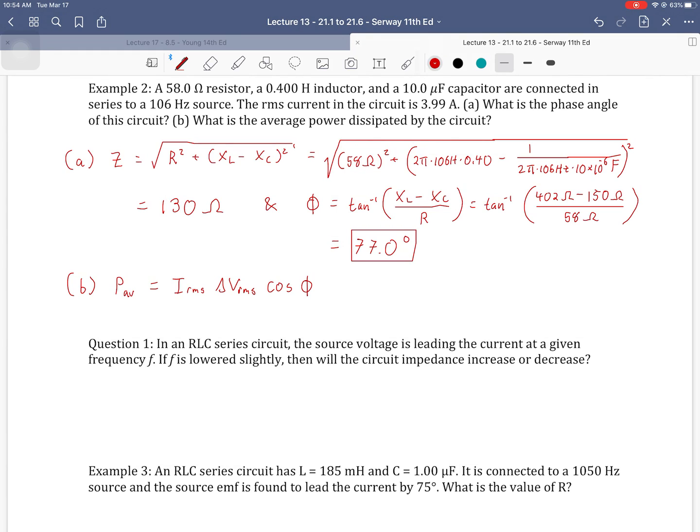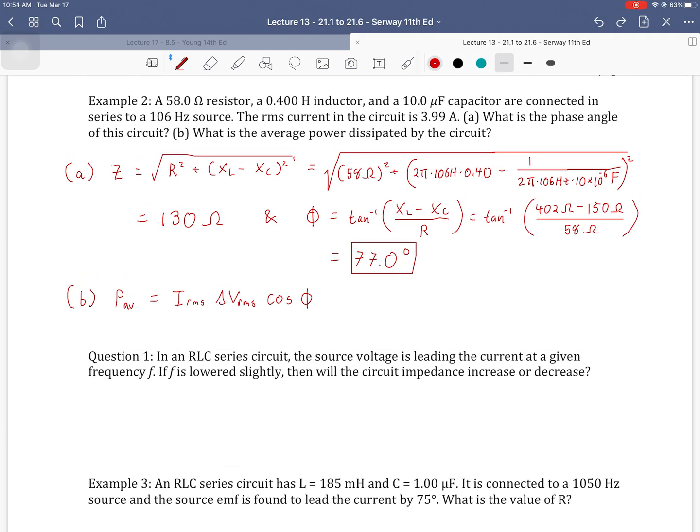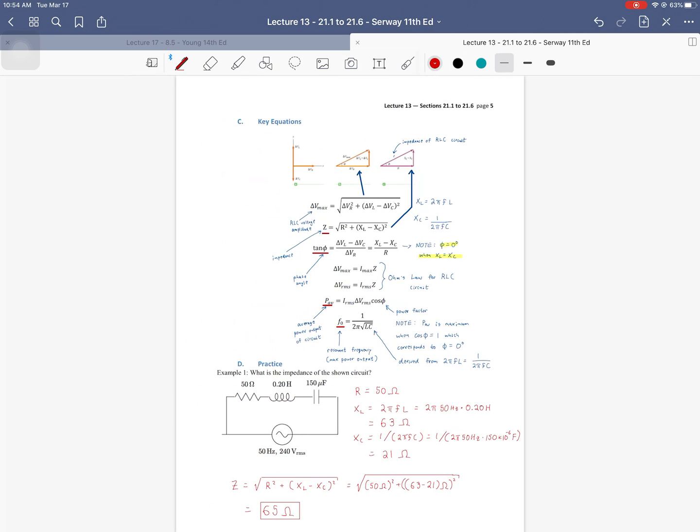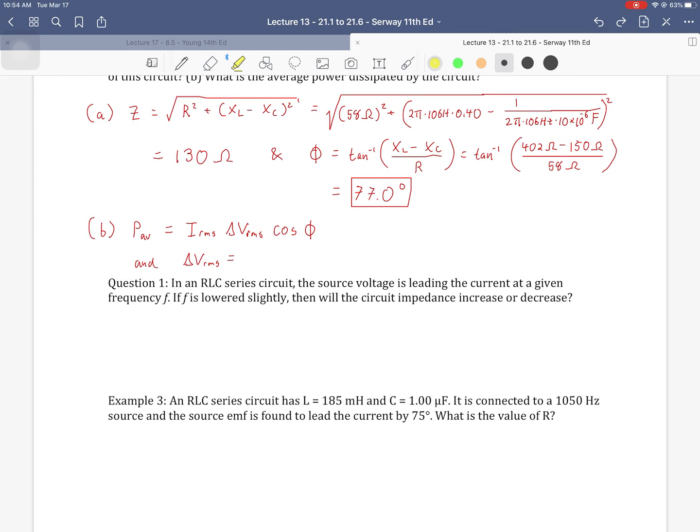We were given the RMS current, the 3.99, but we weren't given the delta V RMS. That's where I'm actually going to put the impedance into use, because then I can find delta V RMS with Ohm's law. Delta V RMS is just IRMS times Z. So now we really have a use for having calculated it.